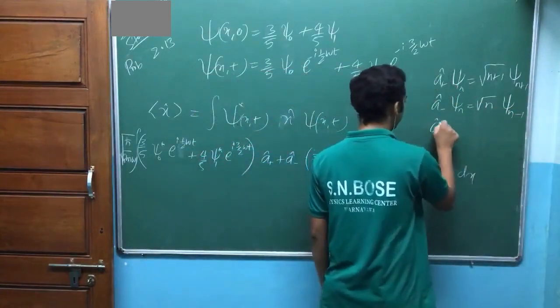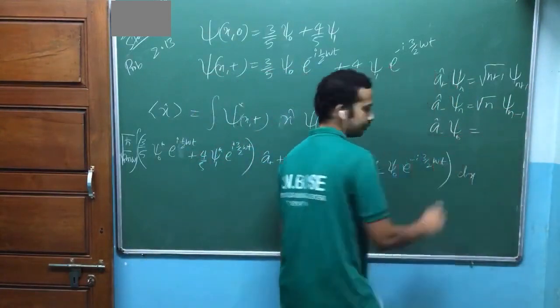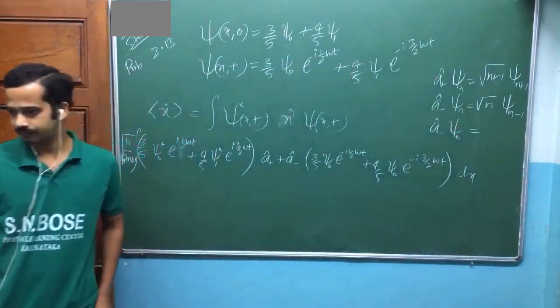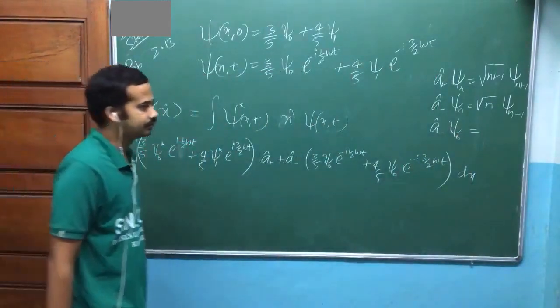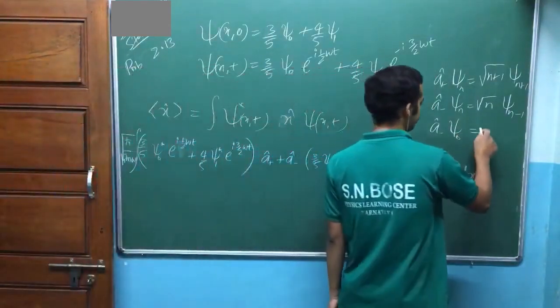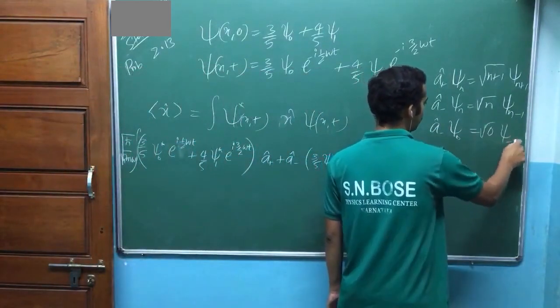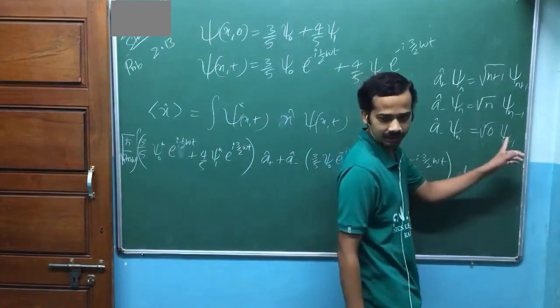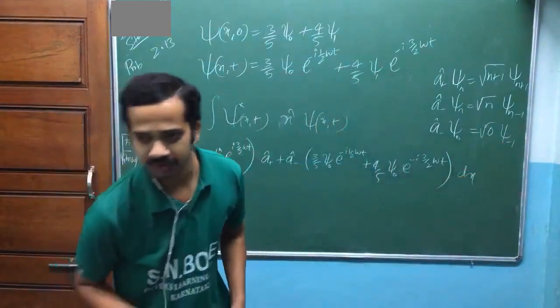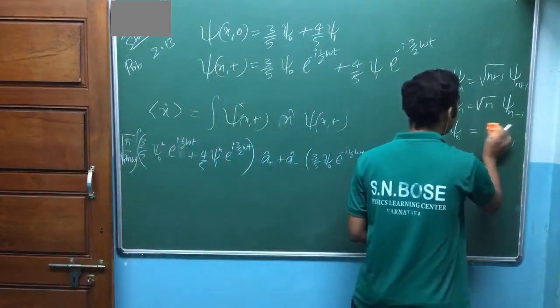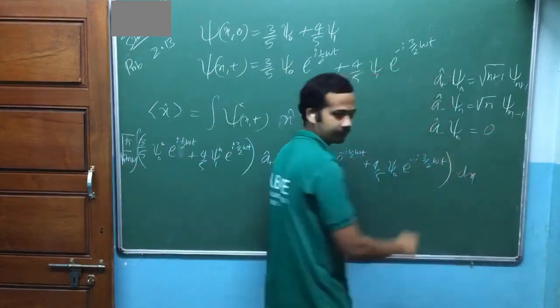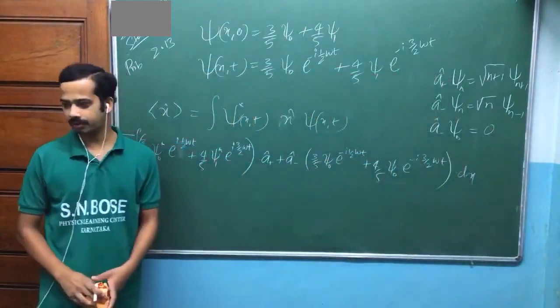But remember, A minus operating on psi naught, what is this? Root 0 psi minus 1. Is there any state like that? No. Why? This is 0. We have taken this to be 0, because that is the lowest state. If you operate the lowering operator again, you should get 0.